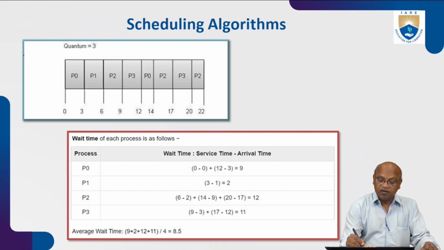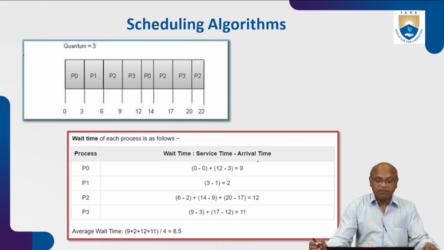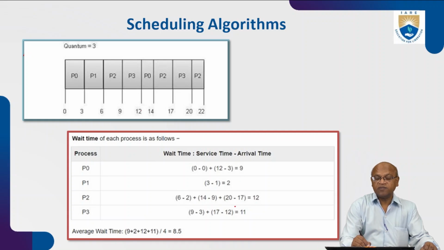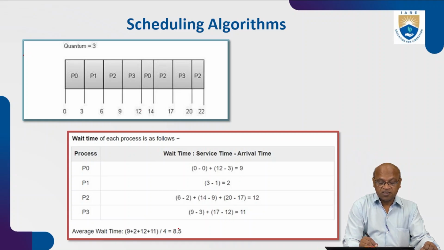So 12 minus the arrival time, that is service time minus arrival time. It is coming after 3, so now 12 minus 3, so 9. This is the total wait time for P0. If you calculate all these similarly, you will get the average wait time as 8 by 5.